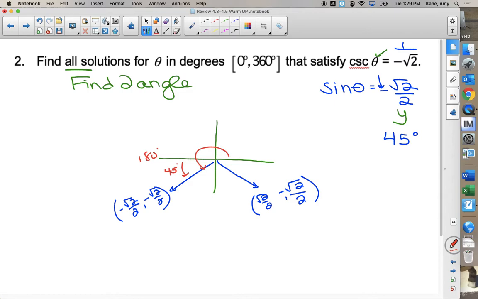So if I was in the third quadrant and I'm passing 180 degrees, what is that, Clint? Yeah, so 180 plus 45. So Quinn, that angle in the third quadrant is?